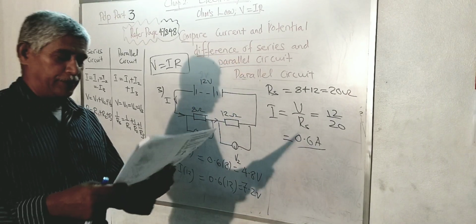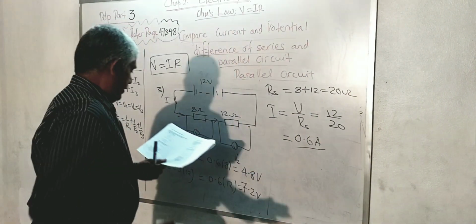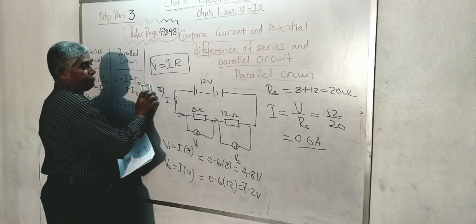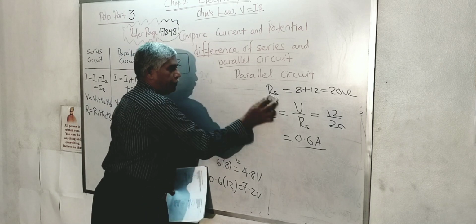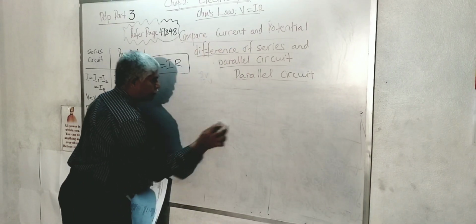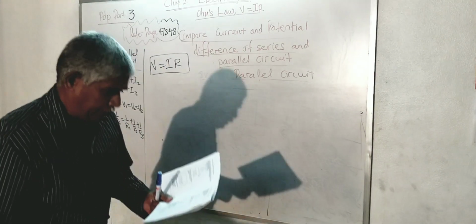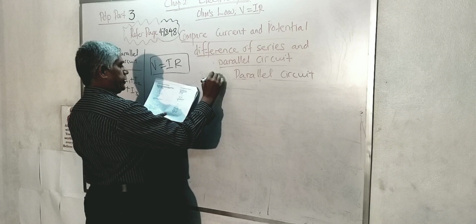Now let us move to the last question for the day. That is the fourth question. It is a parallel circuit. The circuit is given as this. The supply voltage is 6 volt.